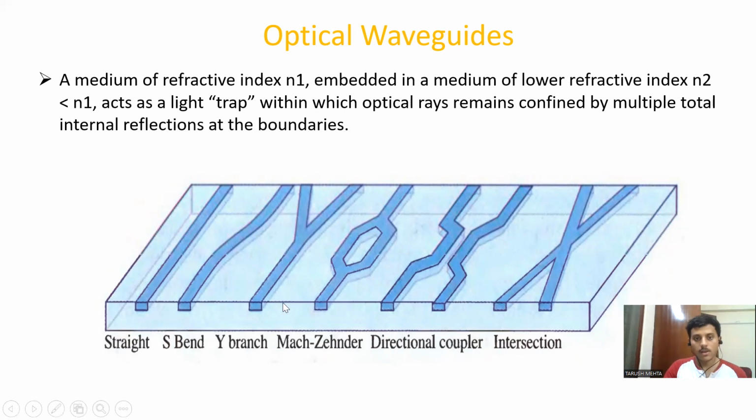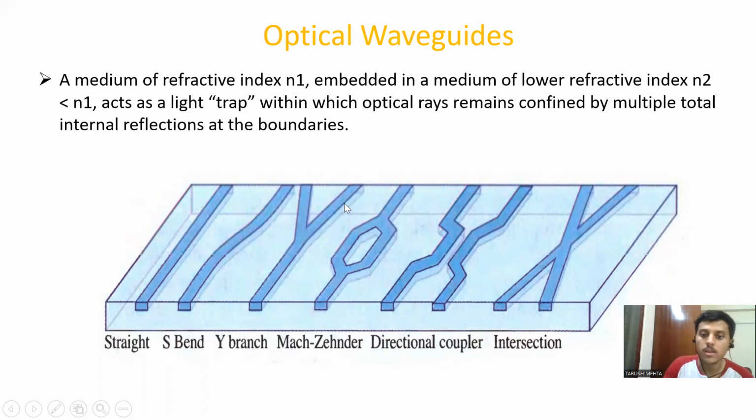For example, here we can see various examples of optical waveguides like straight waveguide, S-bend, then Y-branch. This Y-branch waveguide is used if we want to split the input power into two halves or in two ratios at the two output ports.